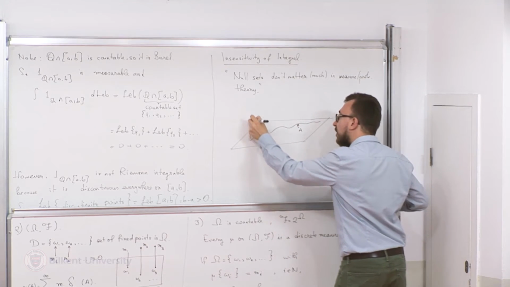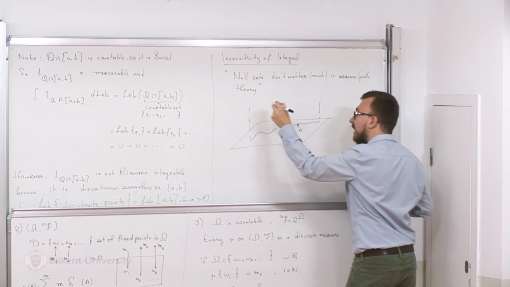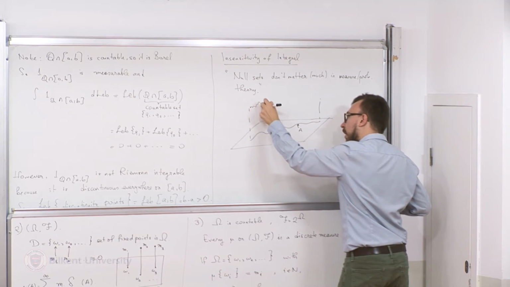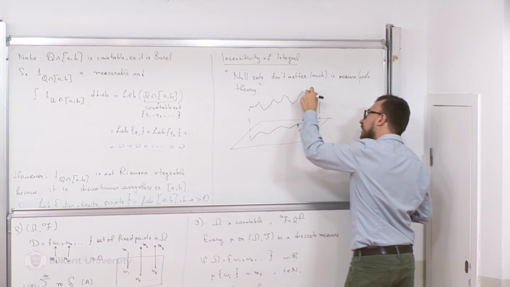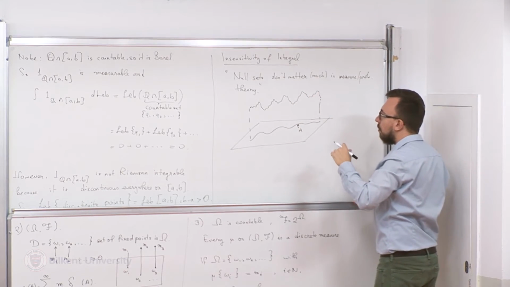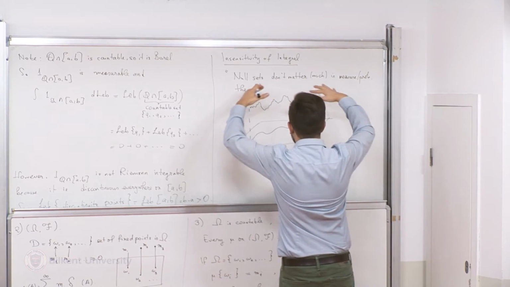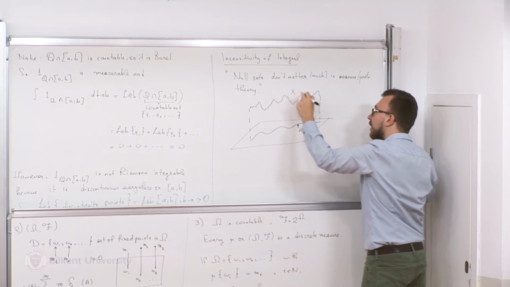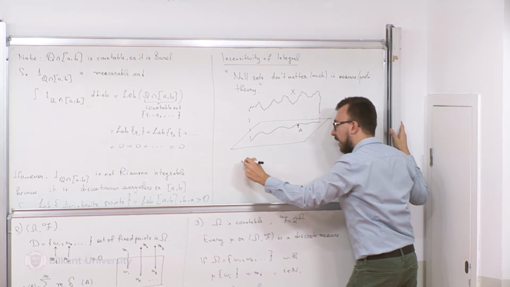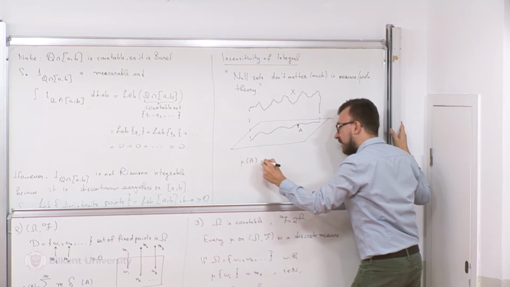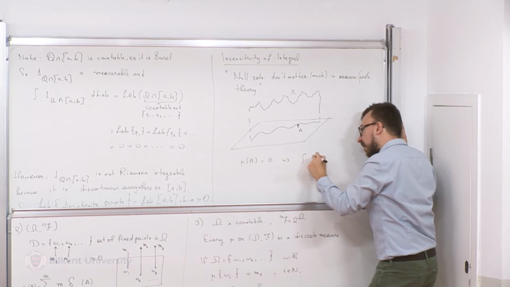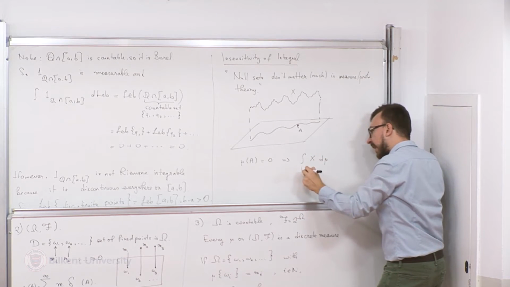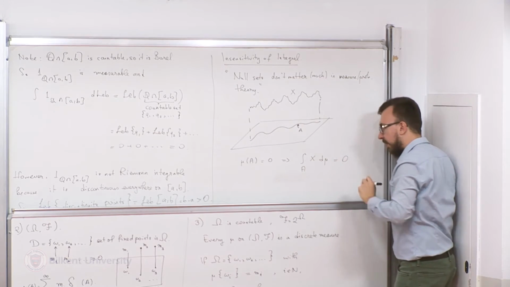So if you have a function defined on this set, something like this, and maybe the function is defined on the full set R2, okay? Let's call it x, okay? The thing is that if mu of A is 0, integrate whatever function on A, you get 0.